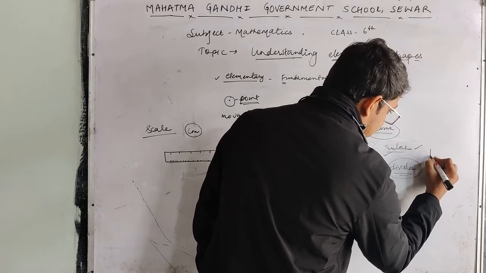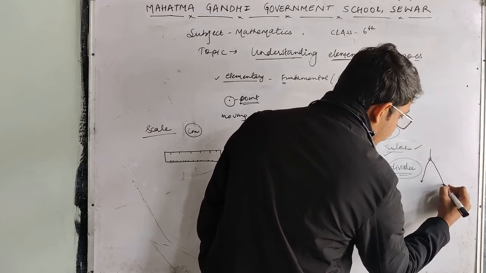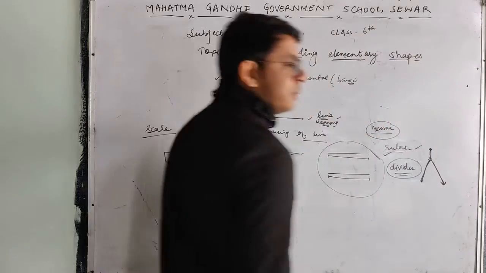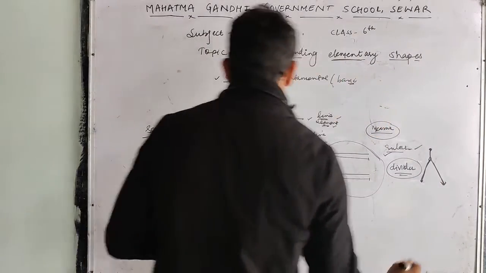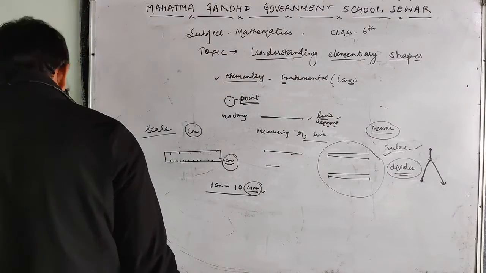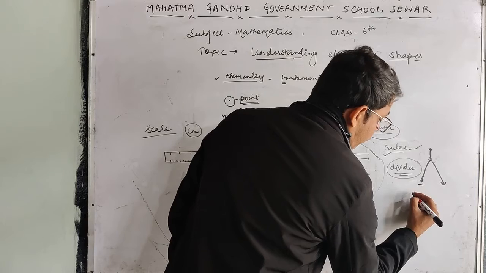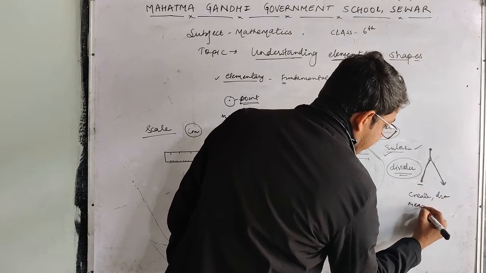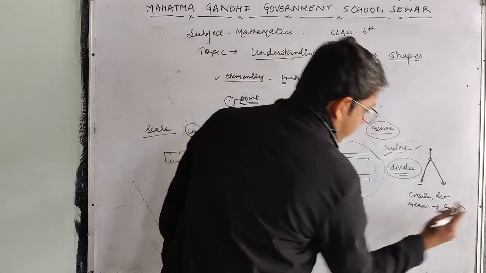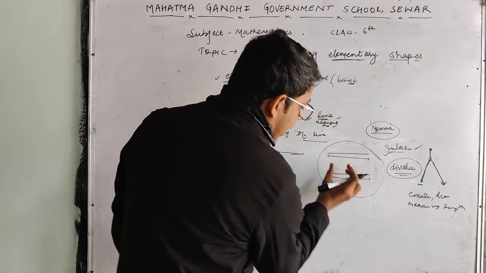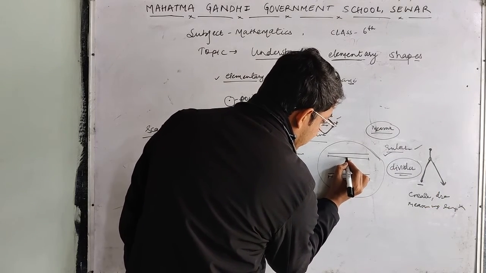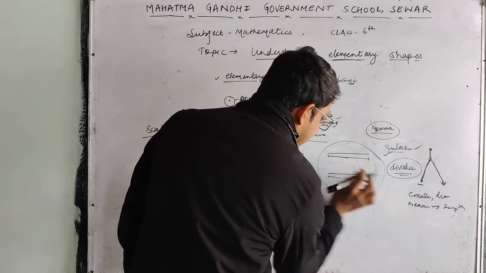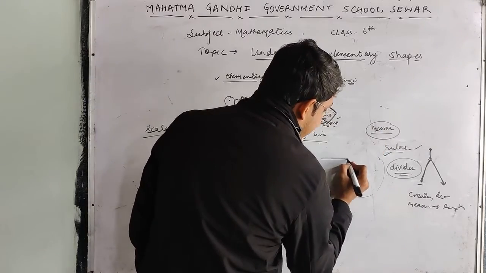Divider means an instrument which can be used for drawing angles or measuring length. If I open this divider and place it from this point to this point, and after that take the same opening by divider, what will I do?